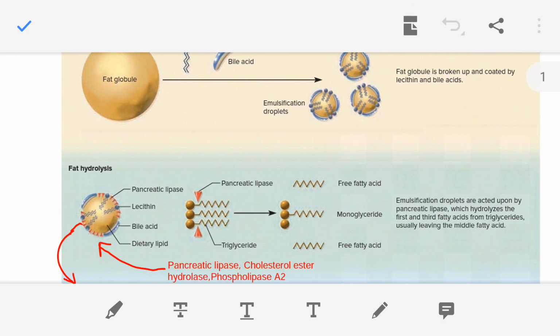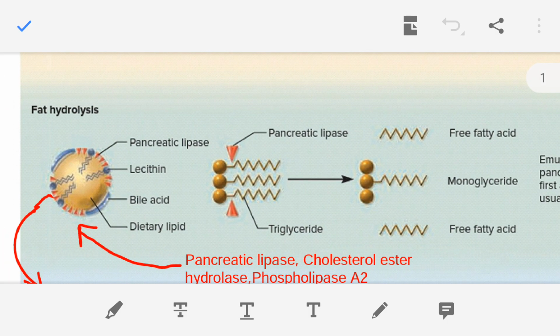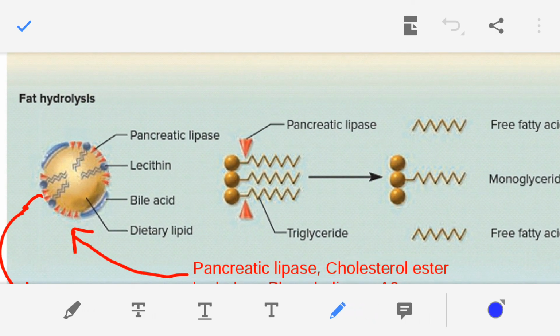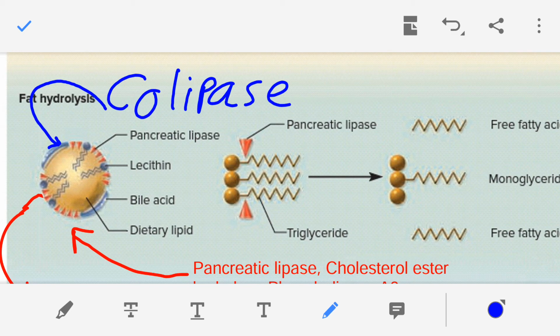Now, on the emulsification droplet, colipase. Colipase is a protein which is present in the pancreatic juice, and the function of this colipase is to remove the bile acid from the surface of the core lipid.